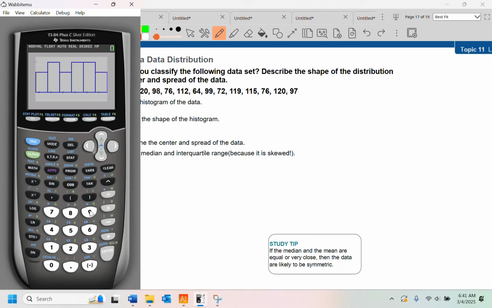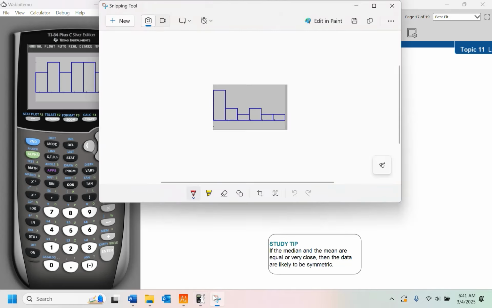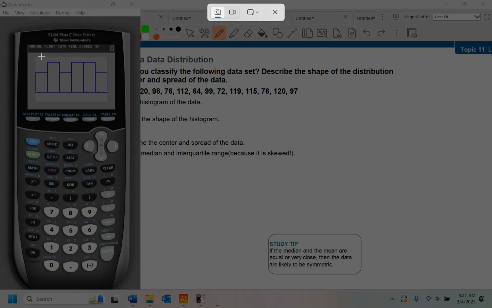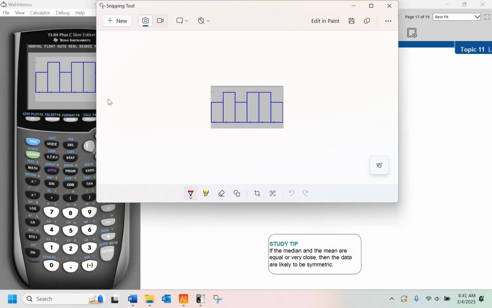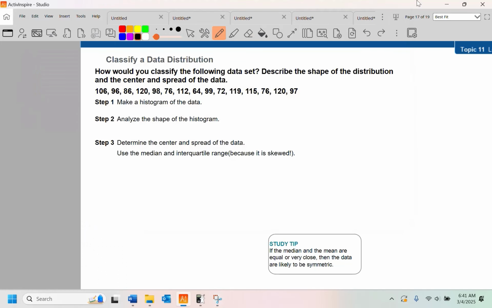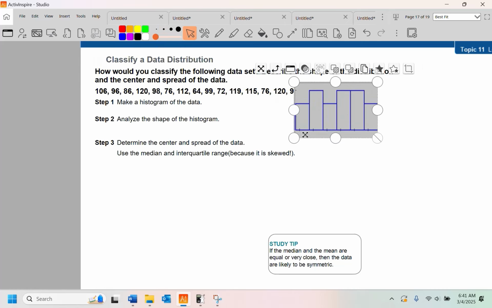But I'm going to have to call it normal, as much as I don't want to. It's the best pick. It's not skewed left. It's not skewed right. The best pick here is normal.